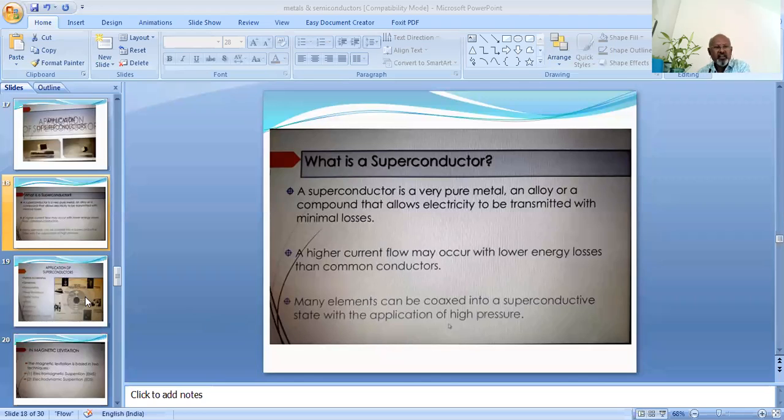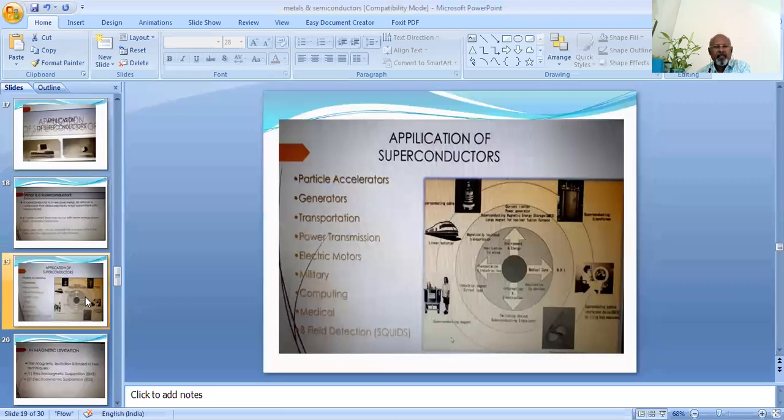Here are again some applications. It is showing that only 10 minutes are remaining. Here I have listed the applications of these superconductors in different fields: particle accelerators, certain generators, transportation, power transmission, electric motors, and certain military devices.